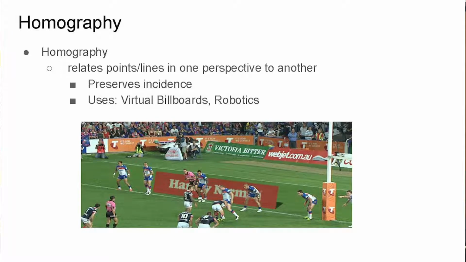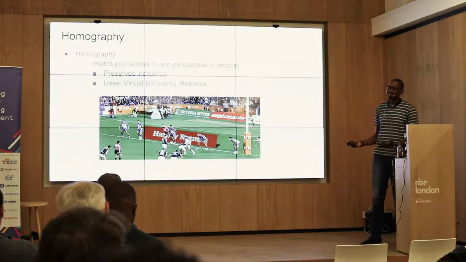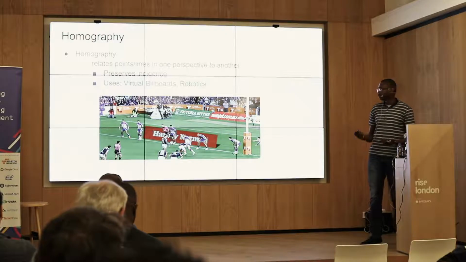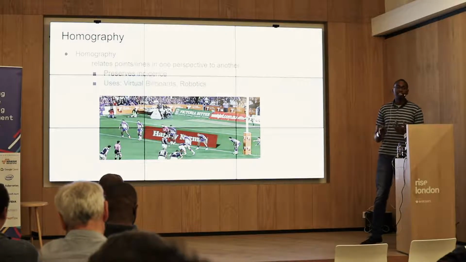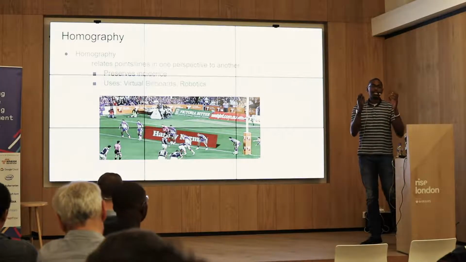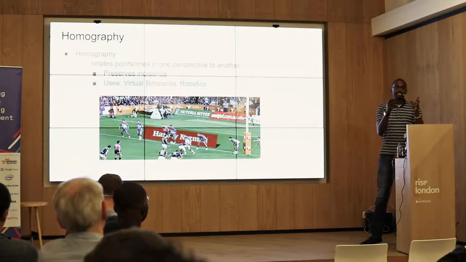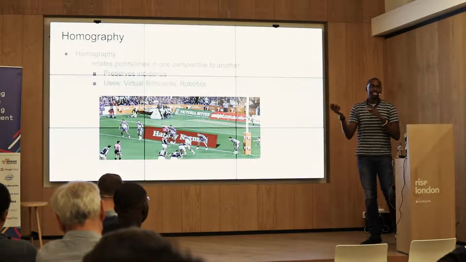What is this? It's part of a field called multi-view geometry. One way people describe it is that it preserves incidence in P2 to P2 space transformations. What that means is that parallel lines, if you think of your eyes looking at a scene, the parallel lines you see in that image projected onto your eyeballs remain parallel lines in the other perspective.